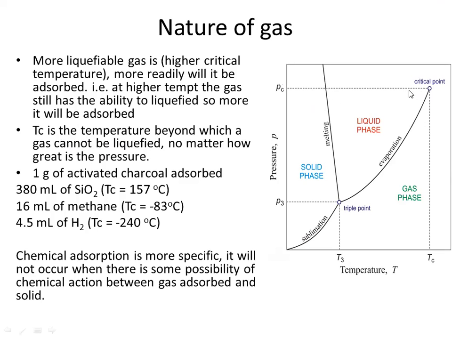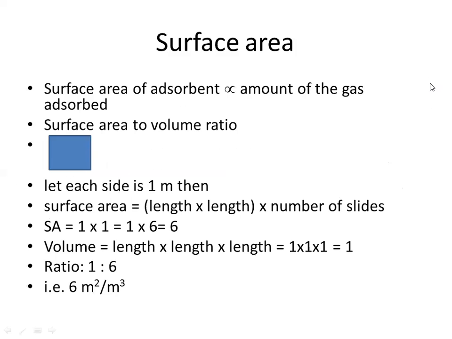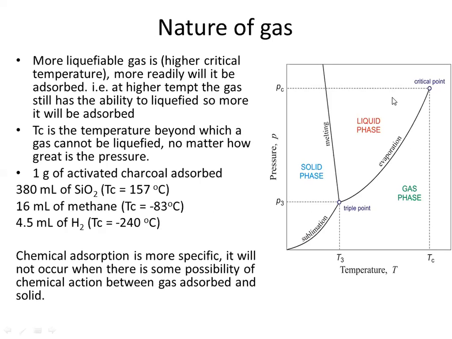What does it mean? Have a look here. This is the clear phase boundary between the gas and the liquid. Beyond this point, there is no differentiation between the liquid and the gas. That means you cannot liquefy the gas after this point.